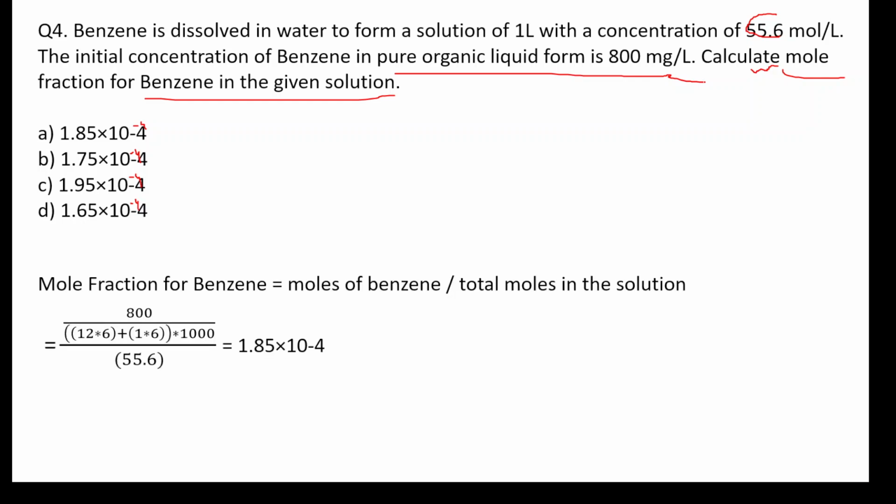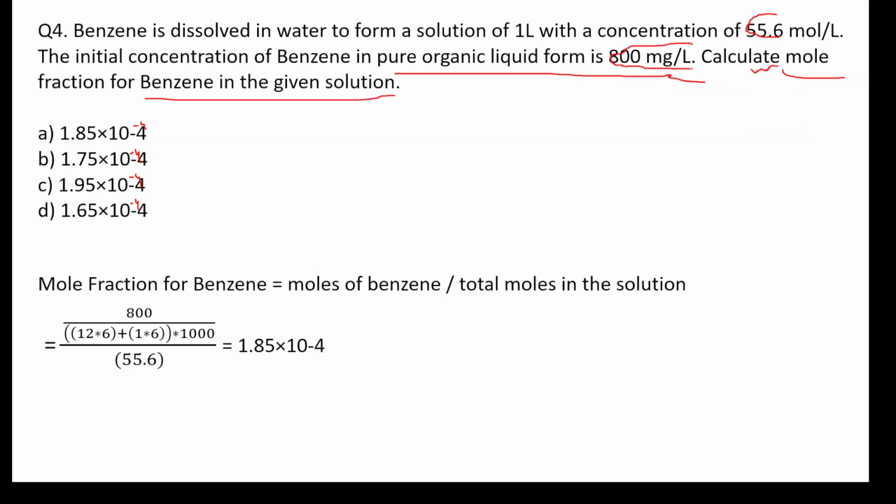Okay, we'll see the solution now. Mole fraction of benzene is equal to moles of benzene divided by total moles of solution. The initial concentration of benzene in the pure organic liquid form is 800 milligrams per liter.